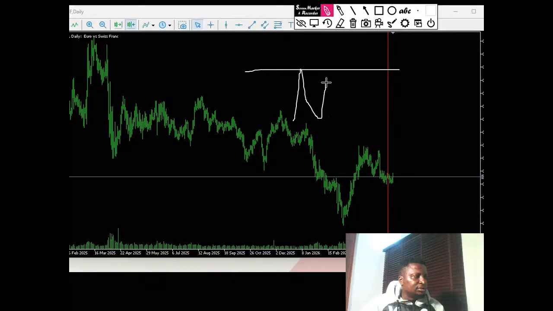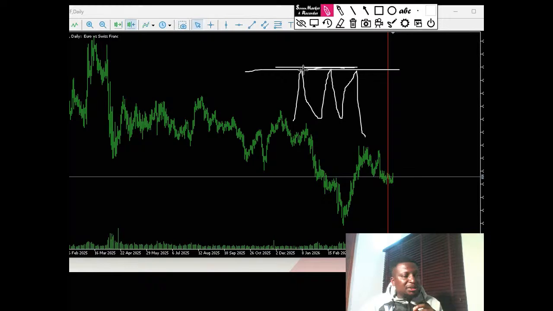This is a key level. And when drawing a support and resistance you want to trade with, you have to pay attention to the key levels.